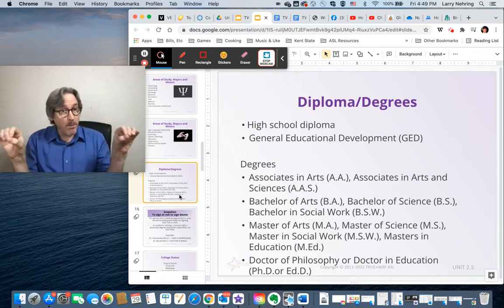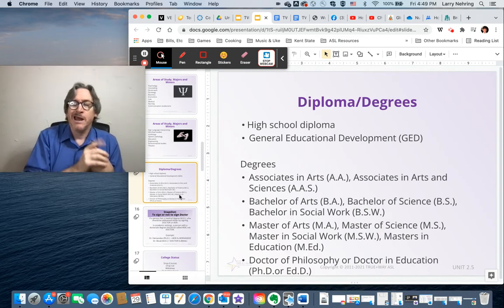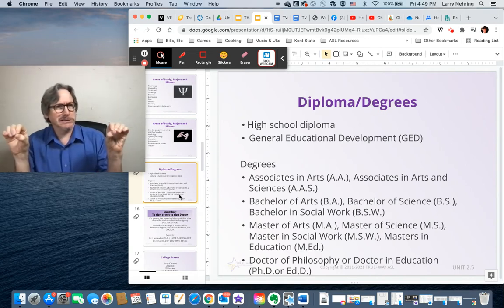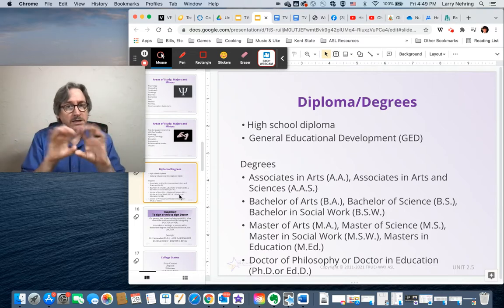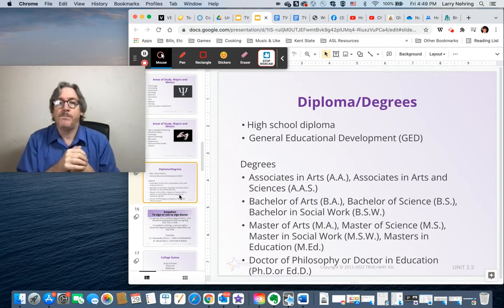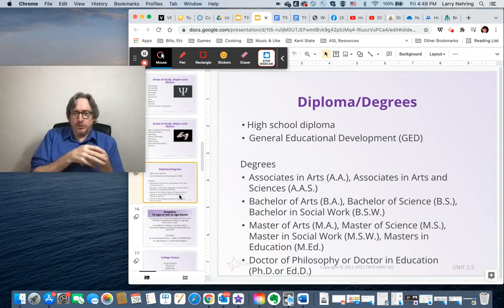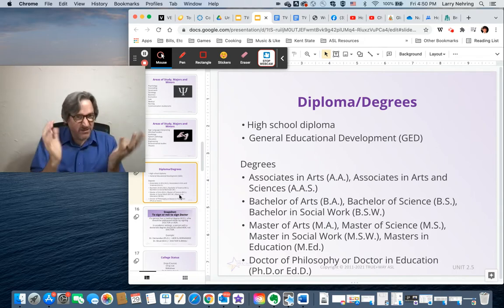High school diploma or GED. So degree is the same, diploma, high school diploma, college degree. In general, we tend to do the one abbreviation for all of the ones in the class.